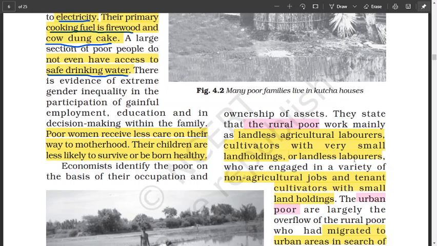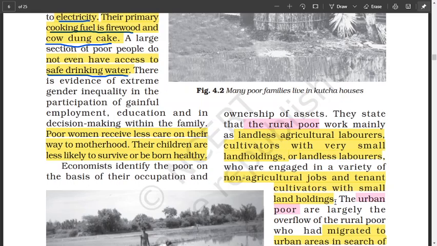And some of them engage in non-agricultural jobs which are not related to farming. They may be local rural artisans, like weaving or handicraft, all those things. And tenant cultivators with small land holdings. Those are some of the work in rural areas.